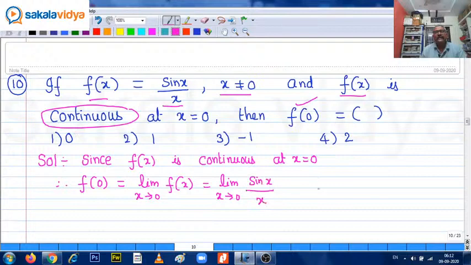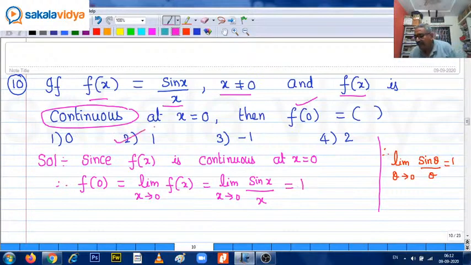Let me briefly revise the limit chapter also. In limits we have one of the standard results, limit theta approaches 0 sin theta upon theta is 1. Obviously this is 1. Usually you can put it directly. Exactly correct, Ramadevi. We can skip this question because without paper and pen we can say the answer.